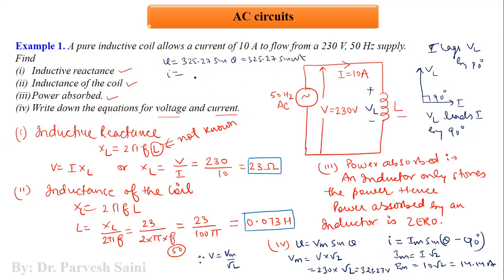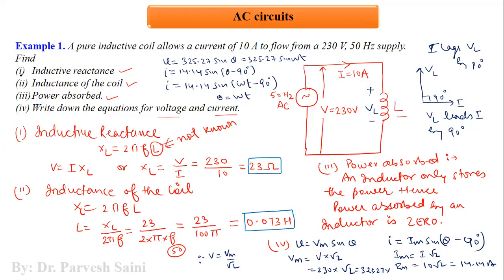Similarly, I is equal to Im sine theta minus 90 degree, so it is 14.14 sine theta minus 90 degree, or we can also write I is equal to 14.14 sine omega t minus 90 degree, because theta is equal to omega t. This is what we have used in this particular question.